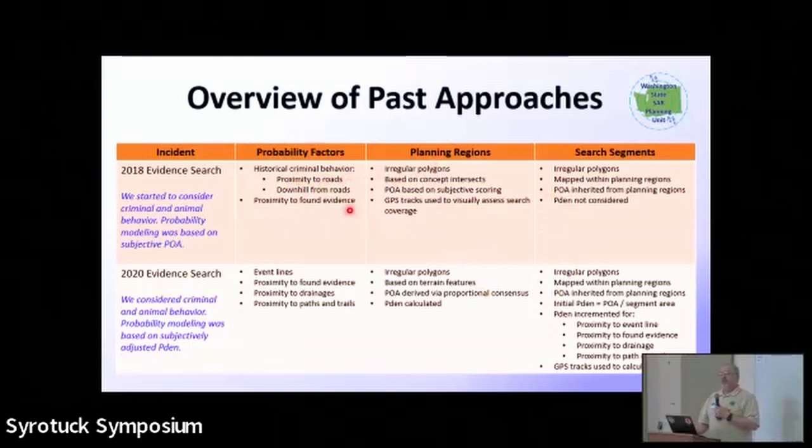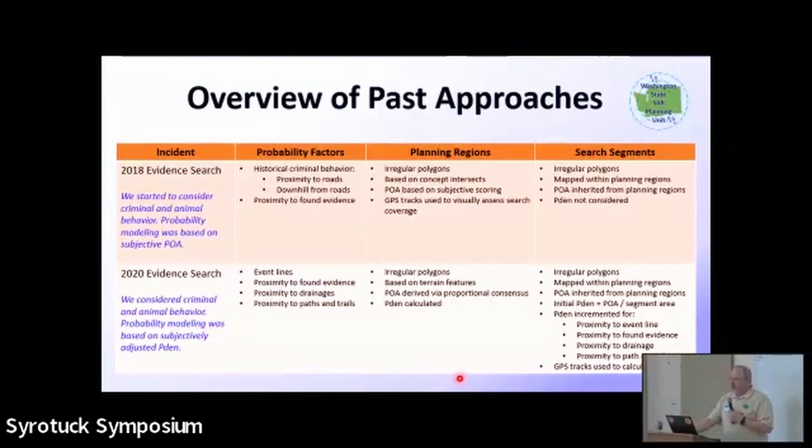One we did some subjective POA, another one we did subjective PDEN incrementation, right? Again, to try and get to those high probability zones and get those to show as possible higher priority areas to go look. So while we felt that we were attempting to systematically apply search theory concepts, we weren't really comfortable with some of the ideas that we had implemented, right?